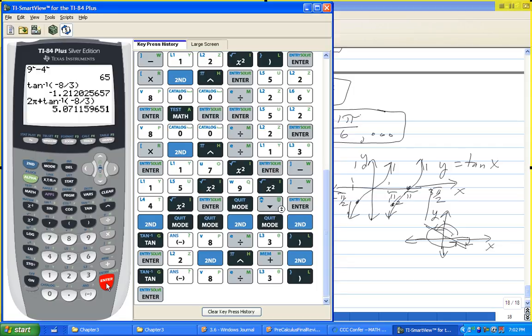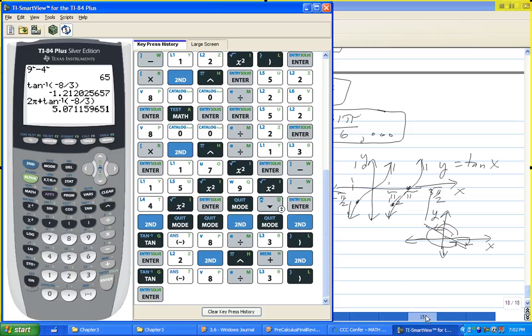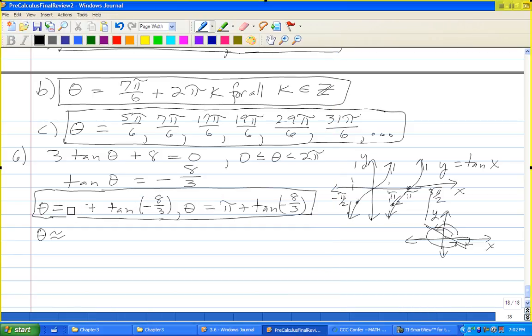And the other one, the one with pi. I should write the pi first, and then the 2 pi second, just so that they go in order.